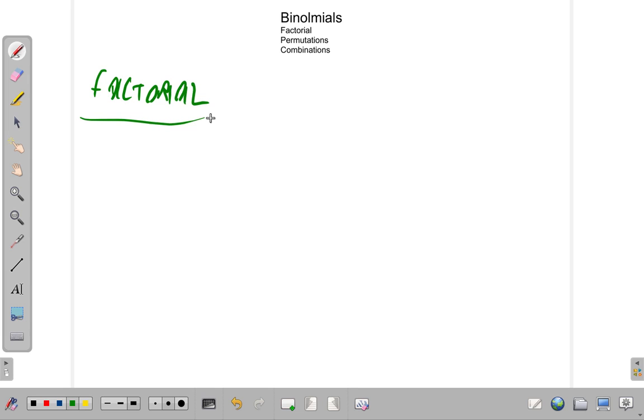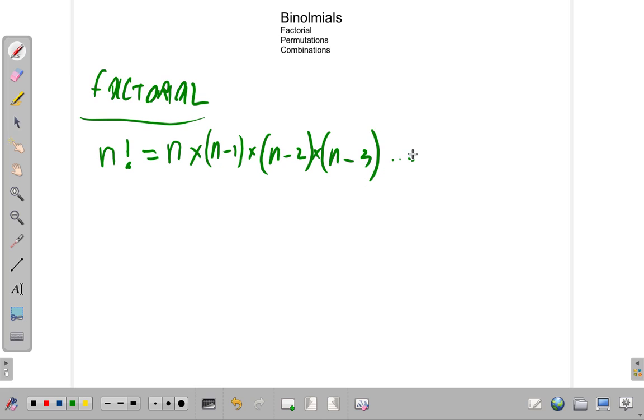the factorial. All right, if you have a number, say n, and you say n factorial, the way you write it is n exclamation mark equals the number n multiplied by 1 less than n, so it's n minus 1, multiplied by 1 less than n minus 1, which is n minus 2, multiplied by 1 less than that, which is n minus 3, and so on and so forth, right down till you reach 3 times 2 times 1.